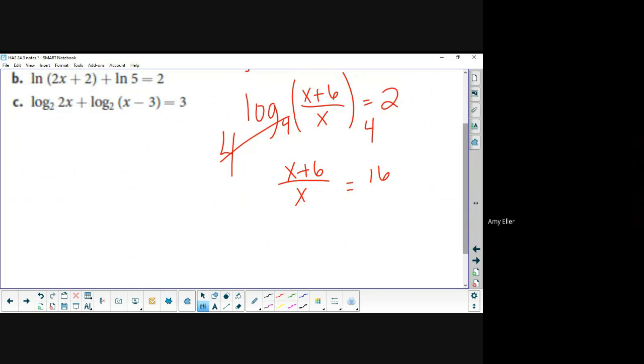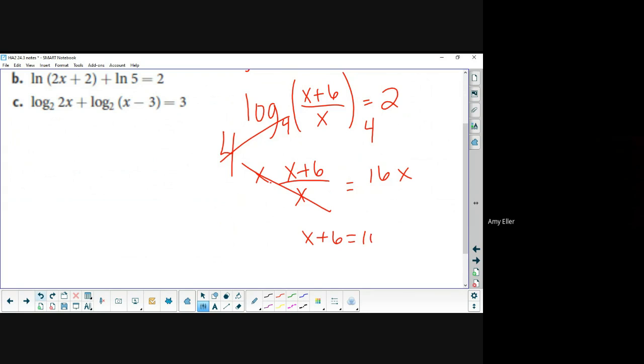If it helps, you could think about this as being over 1 and cross multiply. X plus 6 equals 16x. It's the same idea as if you didn't cross multiply and you noticed, hey, this is being divided by x. So I'm going to multiply by x so that it's not in the denominator.